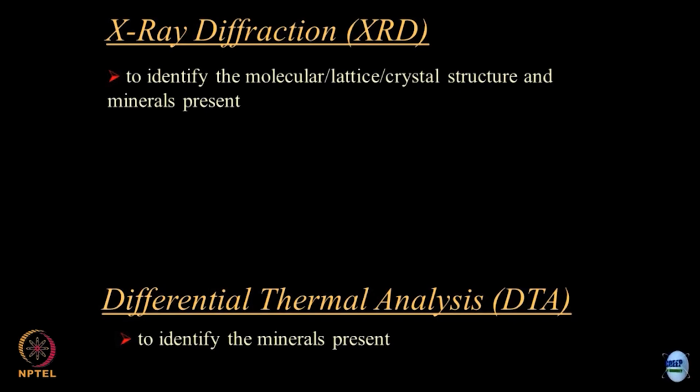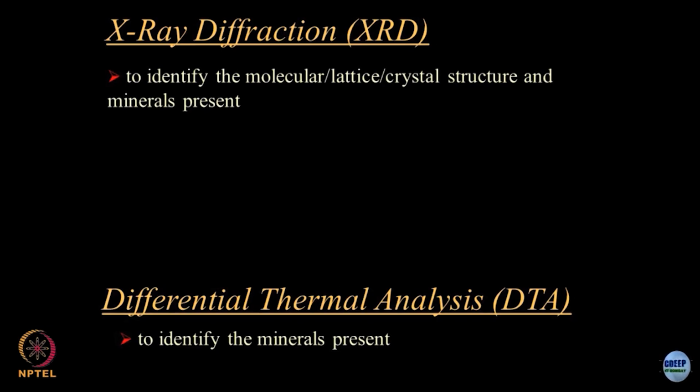So, if you want to know the molecular lattice and crystal structure of the minerals, then you have to do XRD analysis. Now, this is becoming more research oriented. I hope you are realizing the concepts are same, but I want to identify, you remember minerals, how to identify them, all these are identification tools.